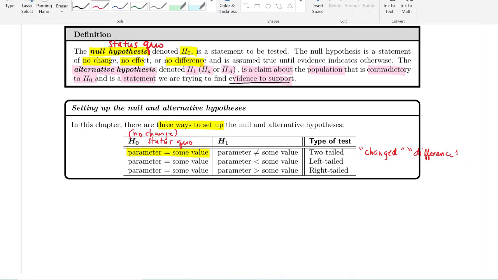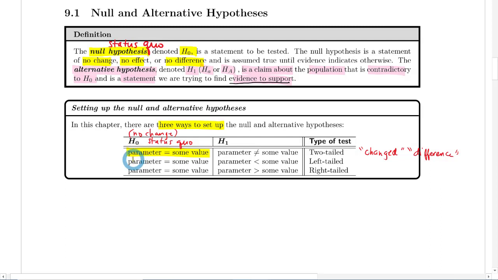So the next one is, once again, status quo. And then we say, well, not only has it changed, but I think the parameter has decreased. If we say it's decreased, then we call this a left tail test.